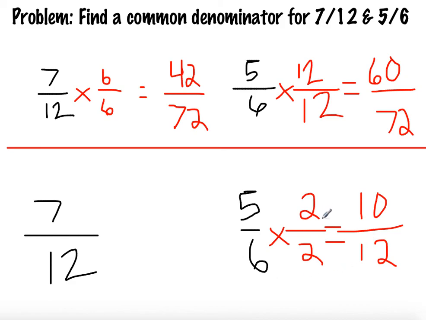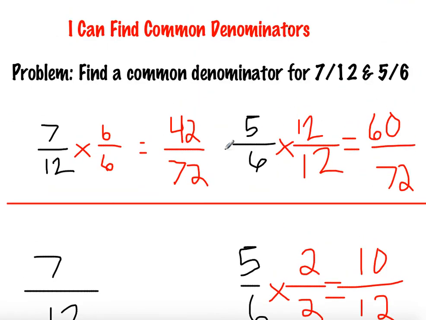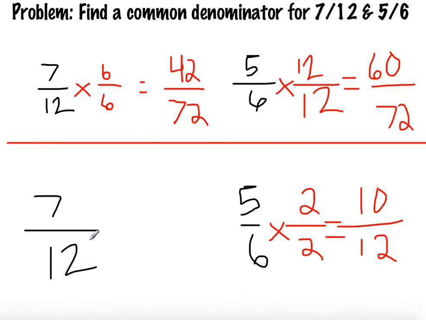This way you end up with a smaller number and only have to change one of your fractions usually. So there's two different ways that you can do it. You can multiply by the opposite denominator, like I did here, or you can think of a factor for one of your denominators and multiply together to get a common denominator in the bottom.